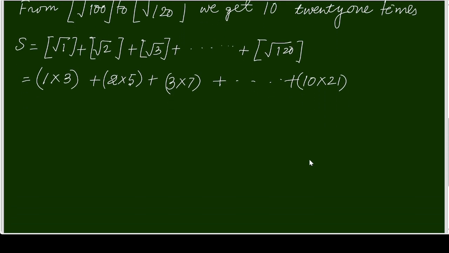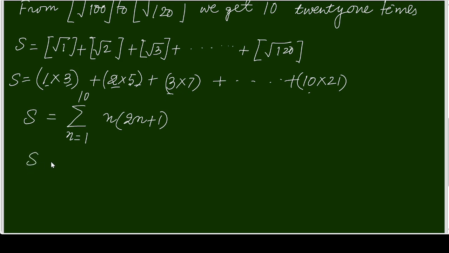So either you can calculate each term now, or we can make a series. So S equals, this is 1, 2, 3 up to 10 multiplied by the counts 3, 5, 7, which will be 2n plus 1. That is, n into 2n plus 1, and this series runs from n equals 1 to n equals 10.